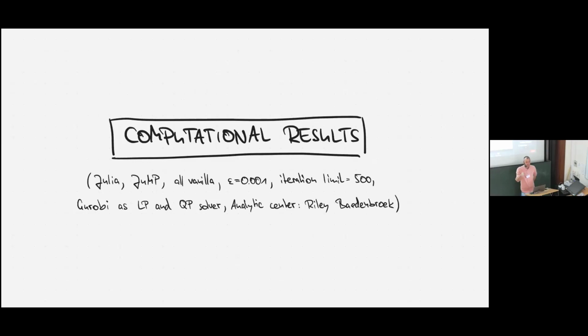I guess for most of us, it's our first computational paper, so we're very proud of this, although we are not experts. Just for this project, I learned how to code in Julia. So we use Julia and the JuMP package, which is a great interface to some of the solvers. We thought a lot about our implementations, and we really tried to make a very fair comparison.